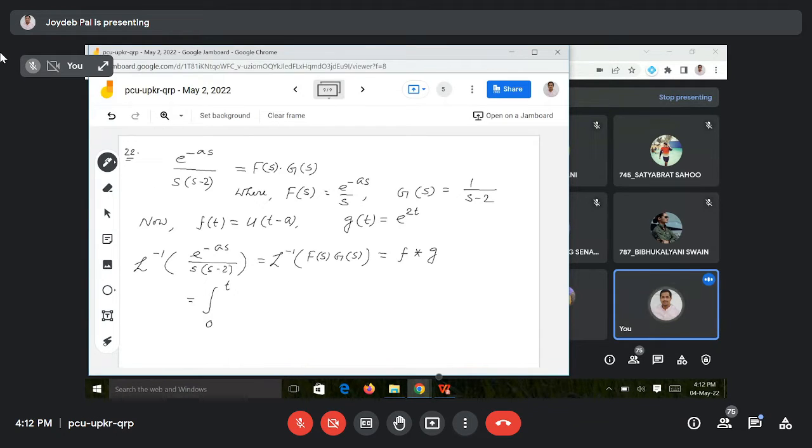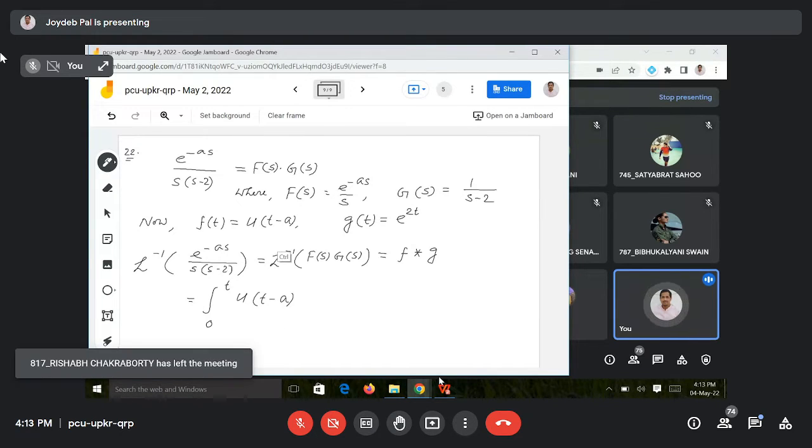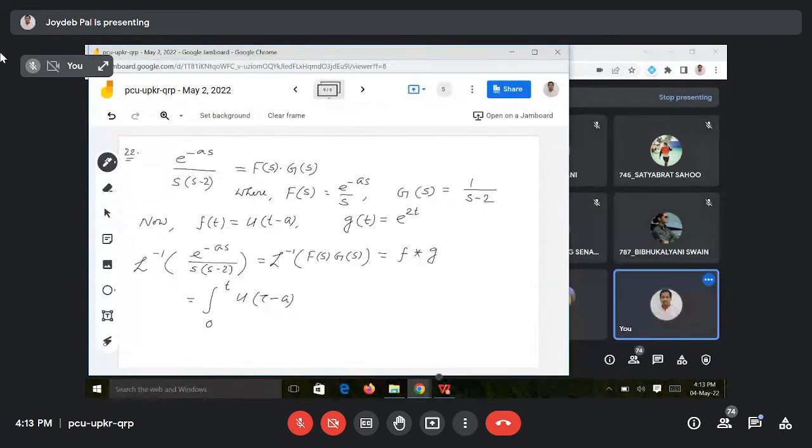So f(tau) means, f(t) is u(t minus a), so f(tau) means u(tau minus a), right? And g of t minus tau means e to the power 2 into (t minus tau).